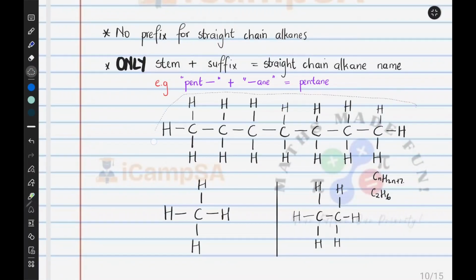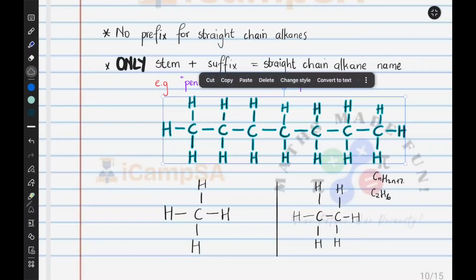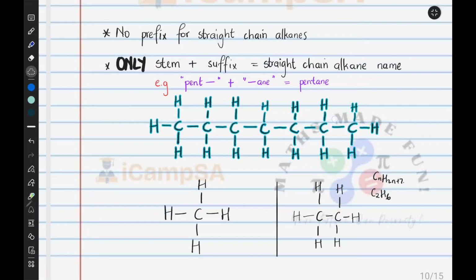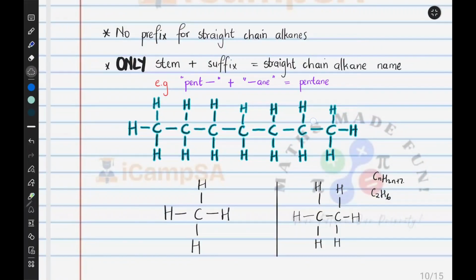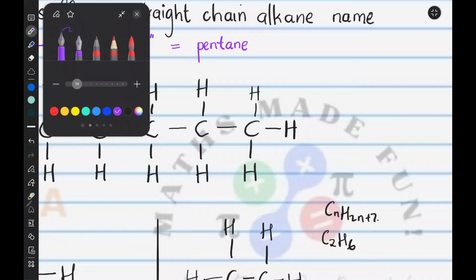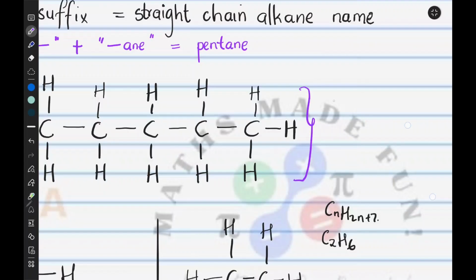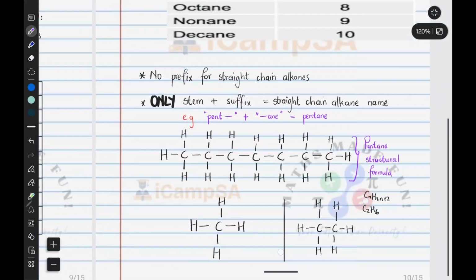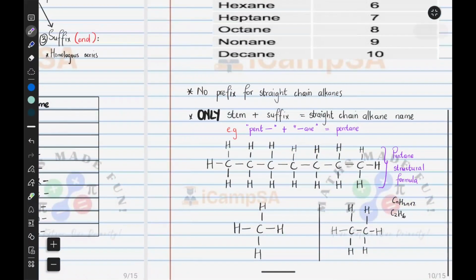So this would be our structural formula for pentane. This is pentane, and that's what it would look like.